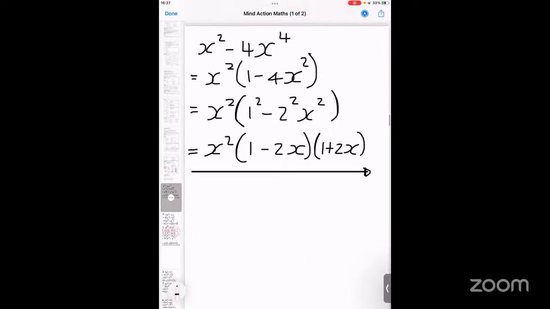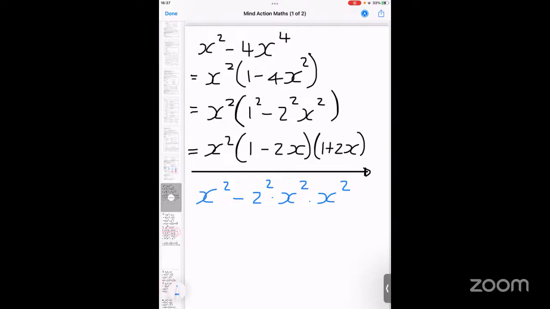Maybe, let's see, Langelihle, let's just check this out. As another approach, what if we say 2 to the power of 2, and because this one is a letter, we can say x to the 2, and again x to the 2. Can you see what I've done there, Langelihle?